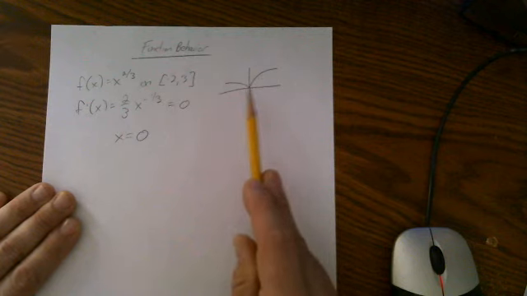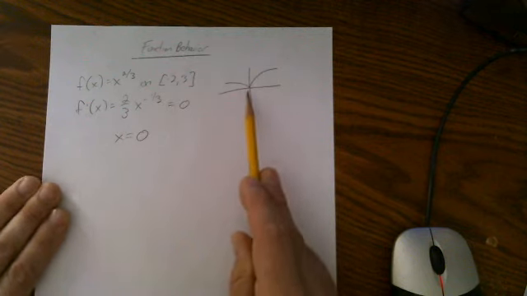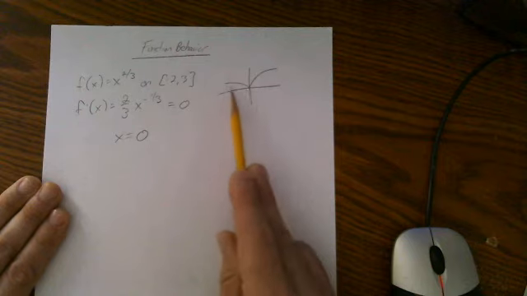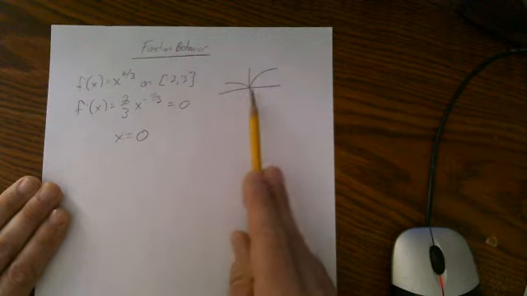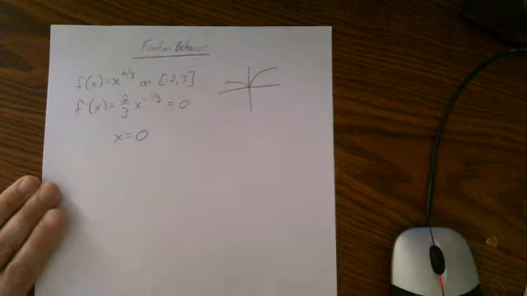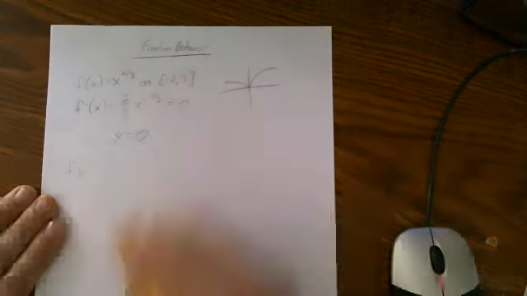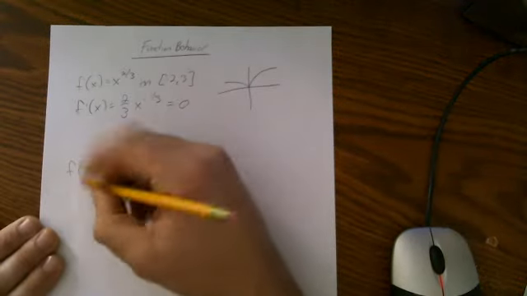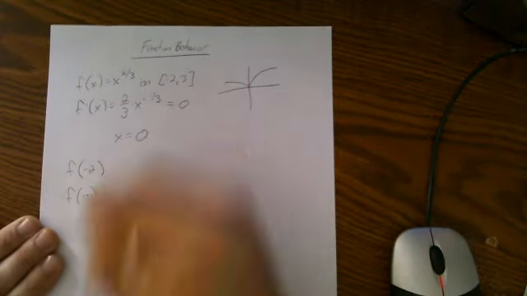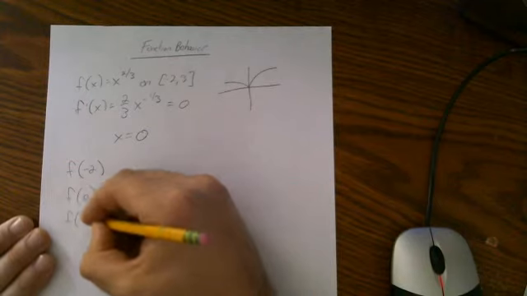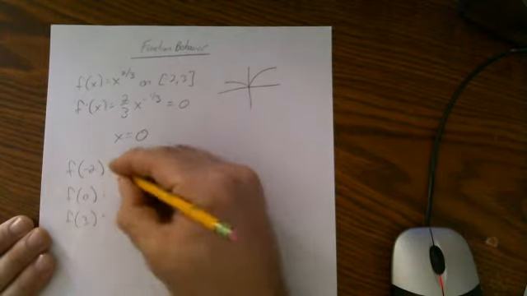But that doesn't mean there's not a horizontal tangent line there. There is. Because the graph isn't smooth, it's not differentiable, but it still serves as a critical point. So our candidates for the absolute extremes are x equals -2, x equals 0, and x equals 3.